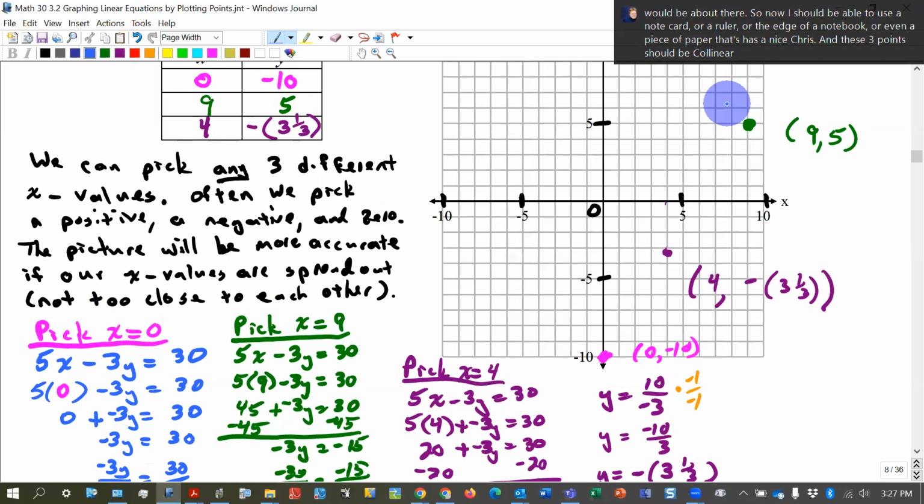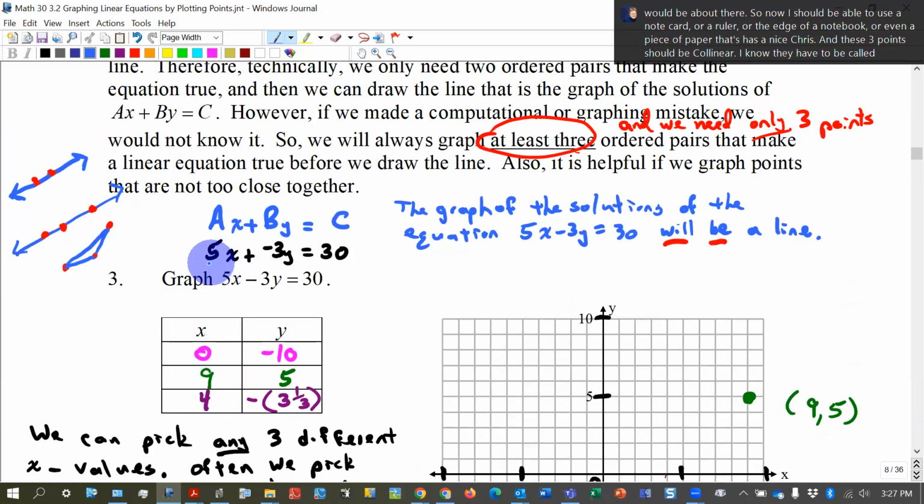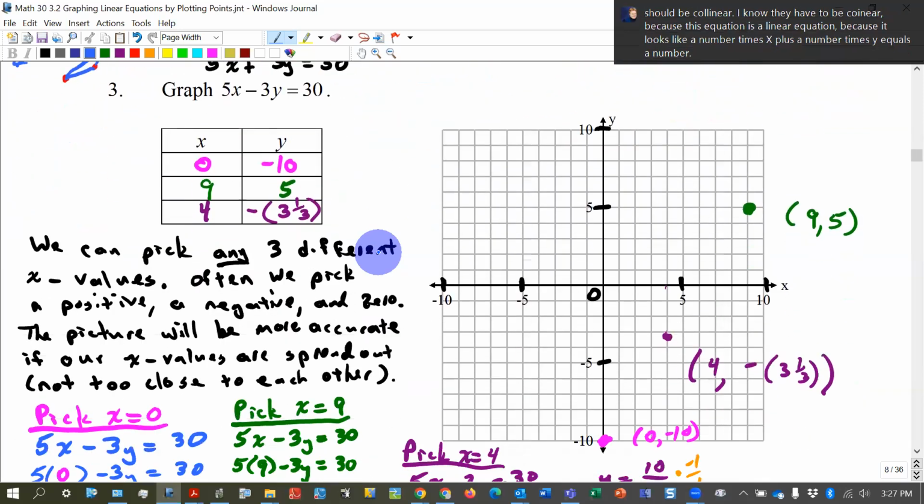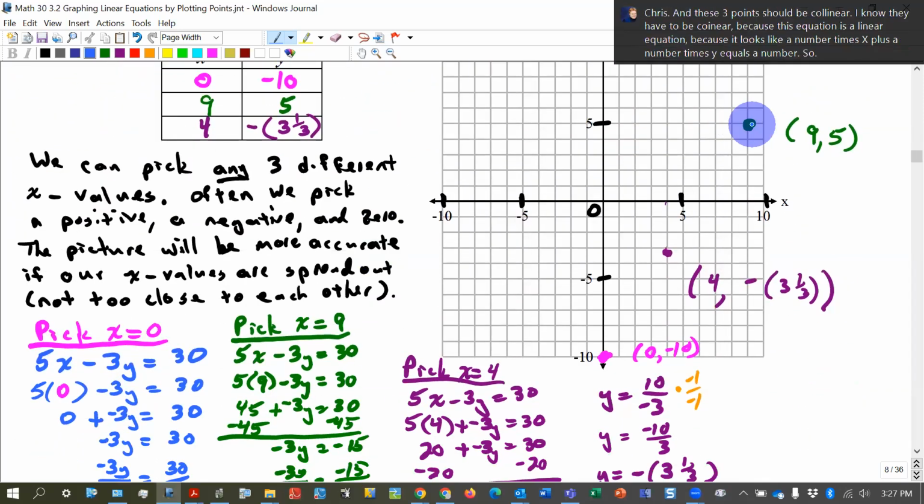I know they have to be collinear because this equation is a linear equation because it looks like a number times x plus a number times y equals a number. So I'm going to use my straight edge and I'm going to line up the 2 points that are farthest apart, and I'm going to draw that line.